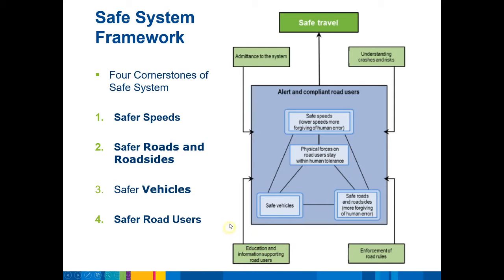So we feed education and information into the road users to support them. We want to tell the road users, we want to test the road users on how they behave. We want to tell them how to act. We enforce road rules like speed limits and running red lights and stop signs so that we have more compliant road users. That's part of the enforcement arm. We have understanding of crashes and risks.